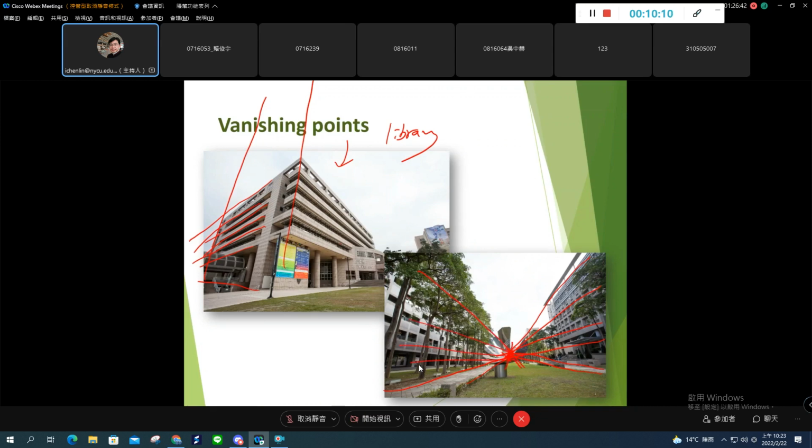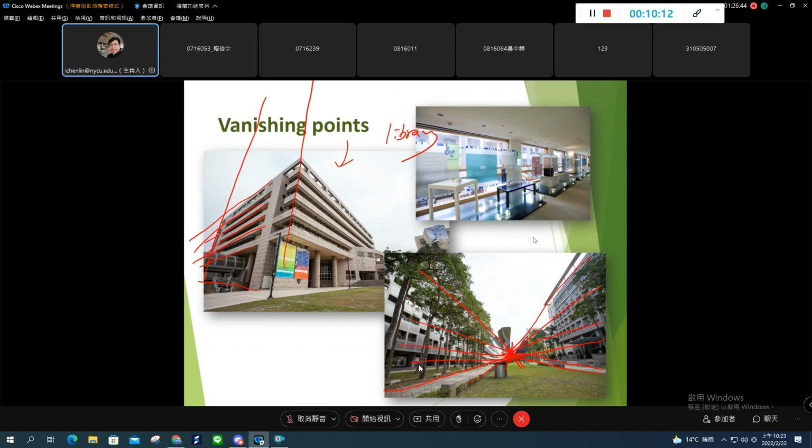So let me show you another figure. I guess 90% of people or students haven't seen this one, right? Do you know where it is? Actually, when I came to Jiao Tong University, for nearly 8 or 9 years, I had no idea where it is.